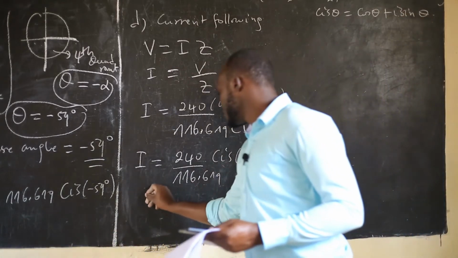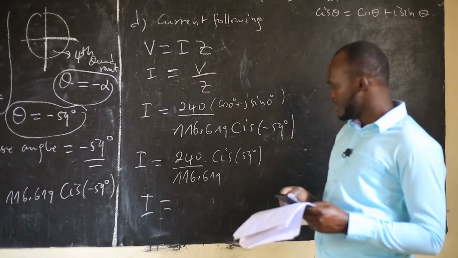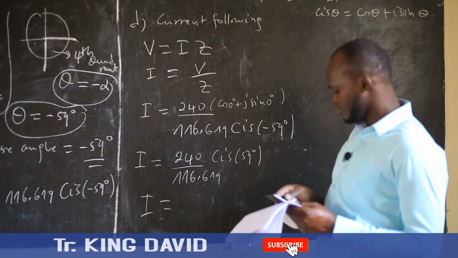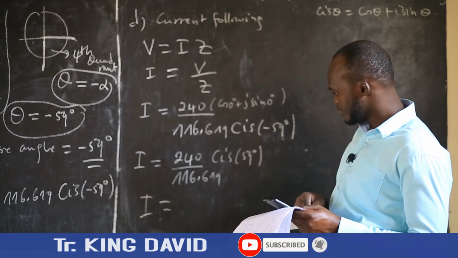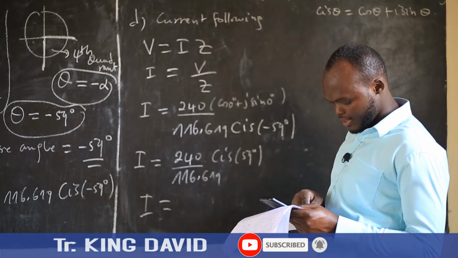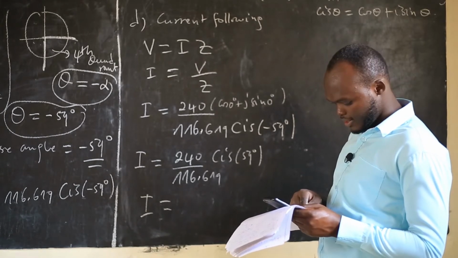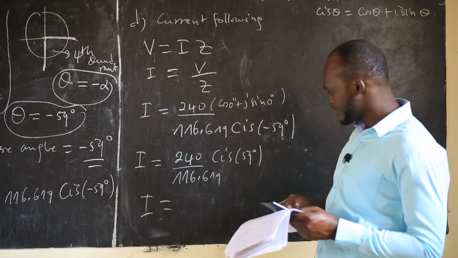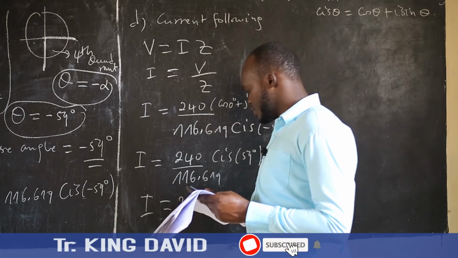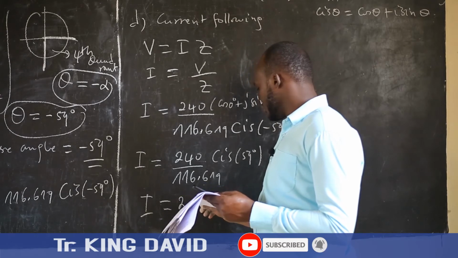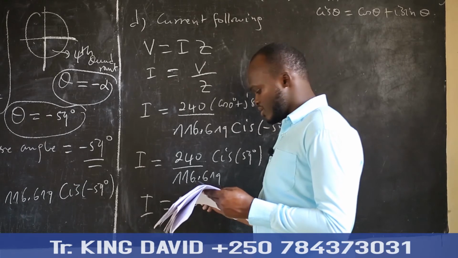You know that the unit of current is the ampere. So let us find 240 divided by 116.619. We get 2.006.